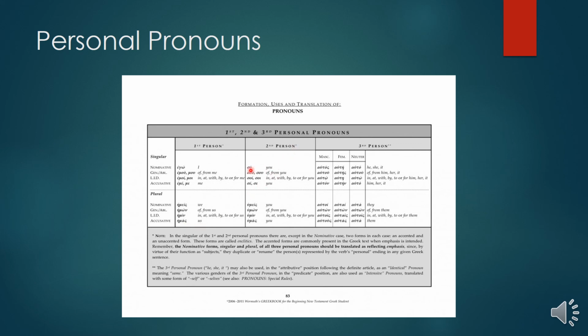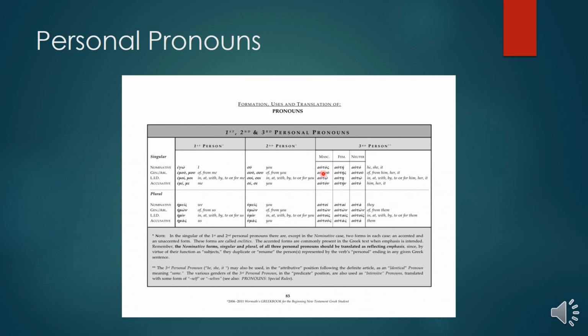And your second person su is you in the nominative, sou is of or from you, soi is in, at, with, by, the dative case for you, to you, for you, se is direct object you, and plural for you is humeis, you, humon, of or from you, humin, dative locative instrumental, in, at, by, or with you, and humas, you, as the plural direct object.